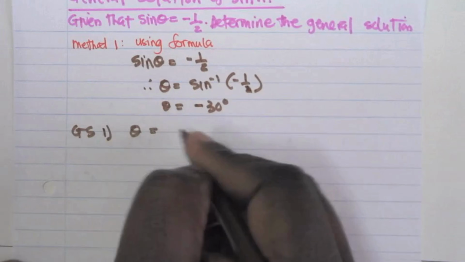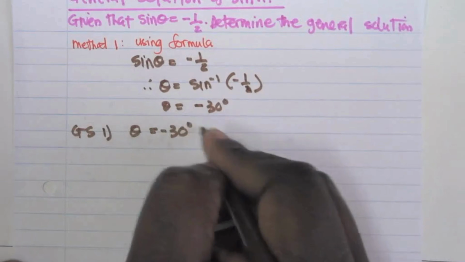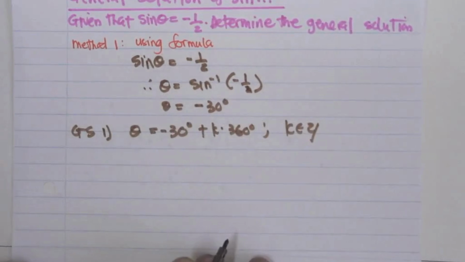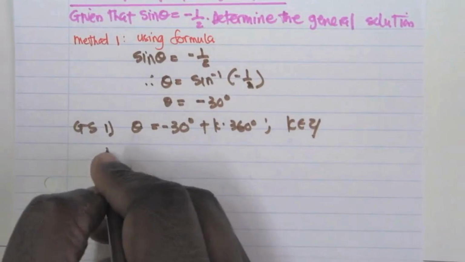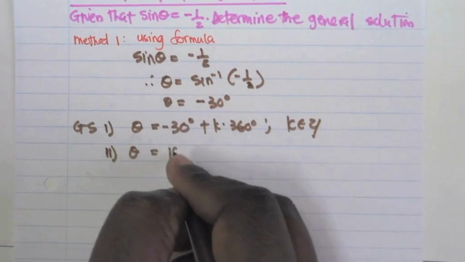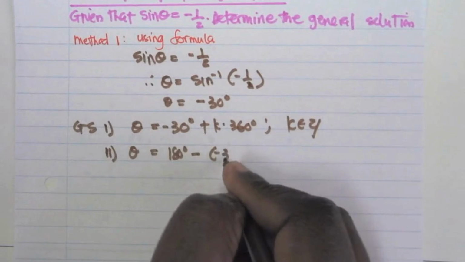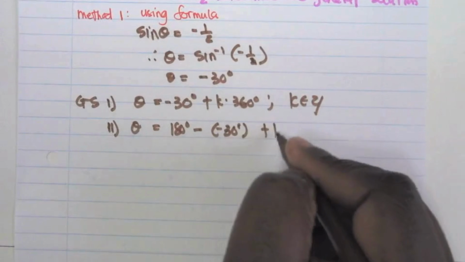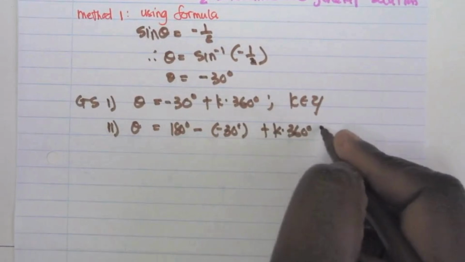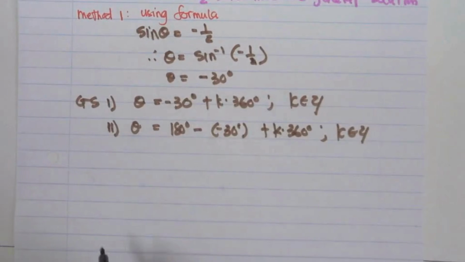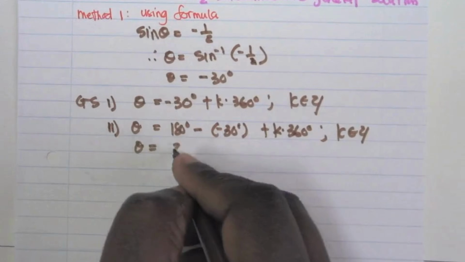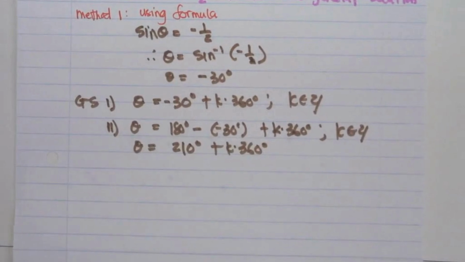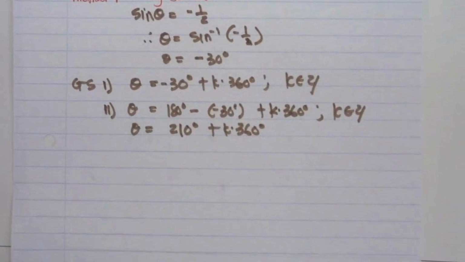The first one is going to be, and then the second one is going to be 180 degrees minus negative 30 degrees, which was my answer that I got there, plus k of 360 degrees, where k is an element of integers. And this simplifies to, and this will be my general solutions.